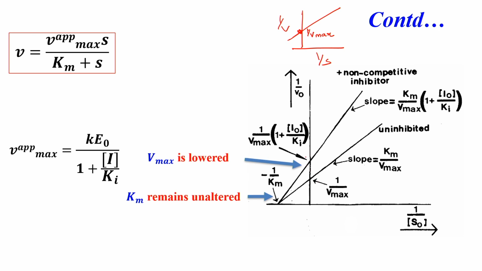So, in the presence of inhibitor, you can see this is the line for the non-competitive inhibition, where the value of 1 upon V max has increased here, because there is a decrease in the V max value, while the Km is unaltered and V max is lower.